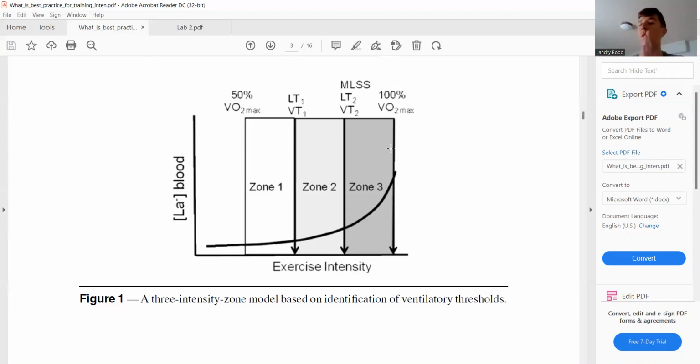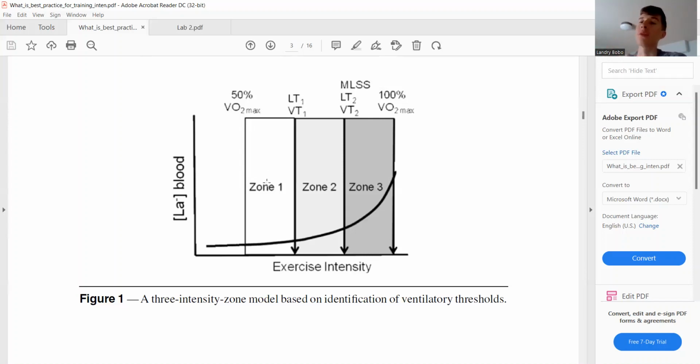So it is an important precursor to aerobic adaptations. And we also see that training above 90% of VO2 max is also very important for inducing these aerobic adaptations.